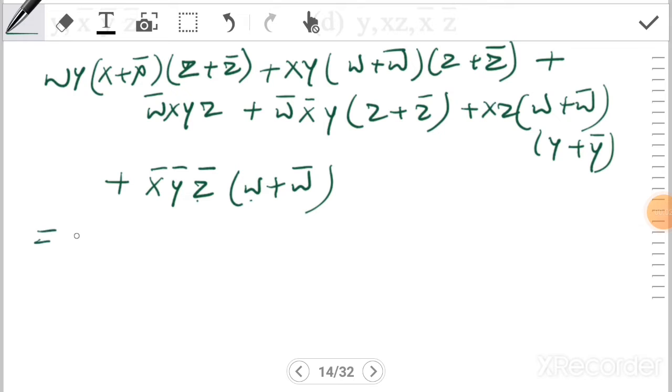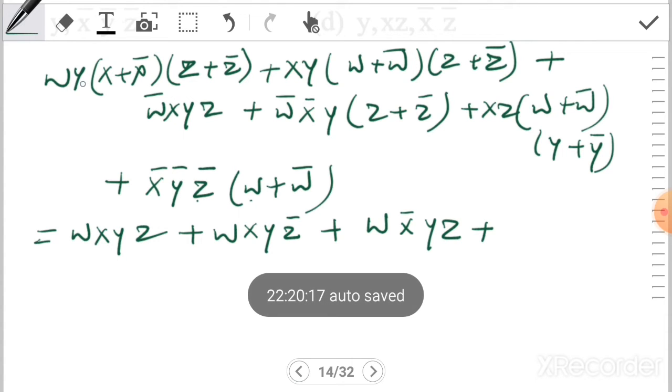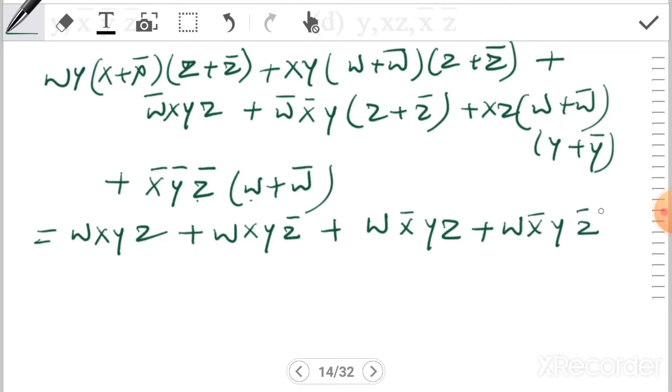So this is wxyz and wy x complement, wyx z complement, again wy x complement z, wy x complement z complement, again wxyz, which is redundant, so which is already present, so leave that.